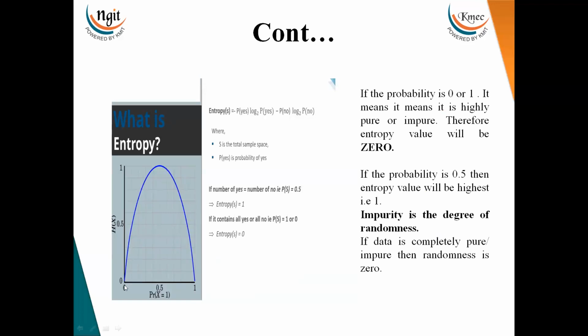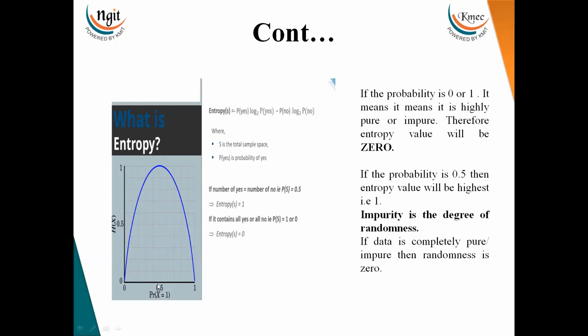Suppose the probability of yes or no is 0 and 1 here. When it is yes, it is 0 and 1. The highest entropy we have is at 0.5. If the probability is 0 or 1 in this case, your data is either highly pure or highly impure, therefore the entropy value is 0.